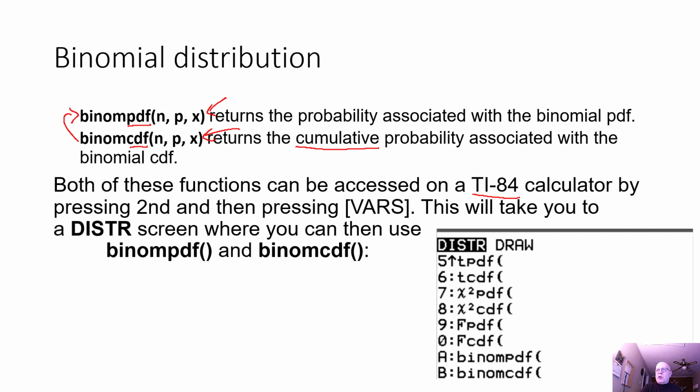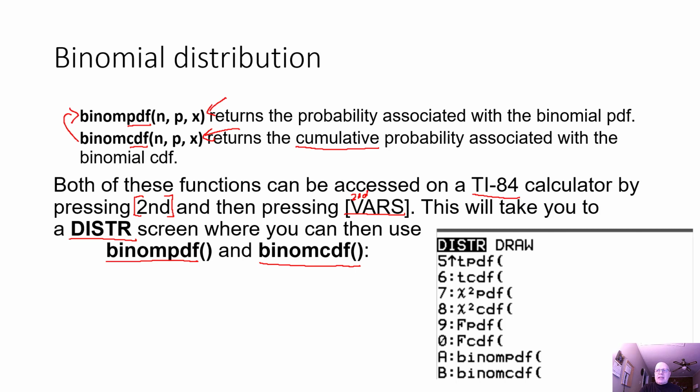Whichever TI-84 you have, you can use the second function and press the bars key. It'll take you to the distribution function, which is what second bars actually takes you to. And then you can choose binomial PDF or binomial CDF, depending on what you need to do.